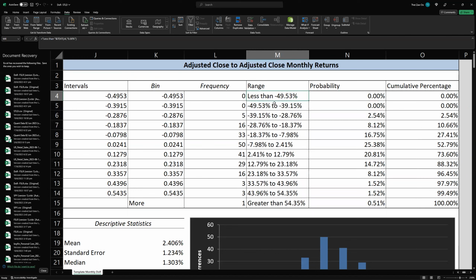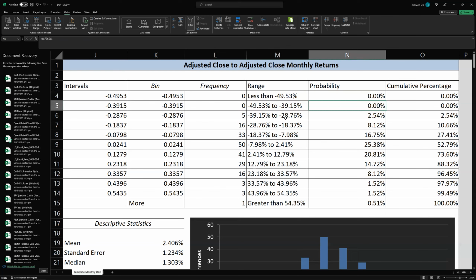So let's take a look at this entire range. For the first one, less than negative 49.5%, there were no months, not one at all, where First Solar returned less than negative 49.5%. So the frequency is 0, probability is 0. How about negative 39 to negative 49%? These are ranges, one by one. How many times did First Solar return negative 39 to negative 49? Also 0, so the probability is 0.